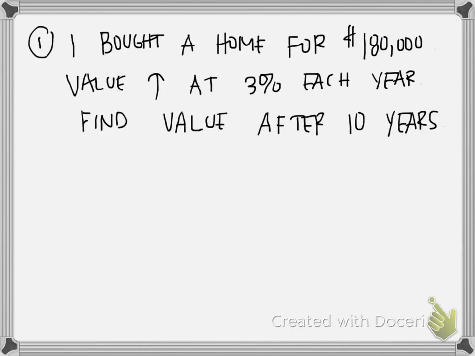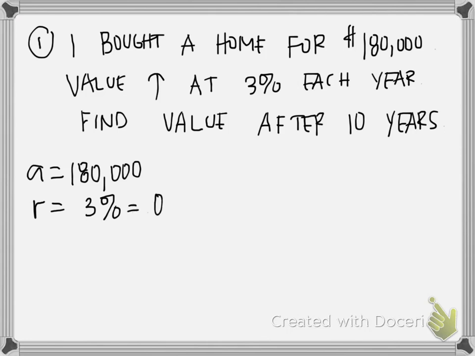Okay, let's do an example here. So I bought a home for $180,000. Value increases at 3% each year. Find the value after 10 years. Okay, so my initial starting point is going to be 180,000. My rate is increasing, so it's going to be a positive. It's going to be 3%. Remember, we can't use percentages. We turn that into a decimal. And my time is going to be 10 years.